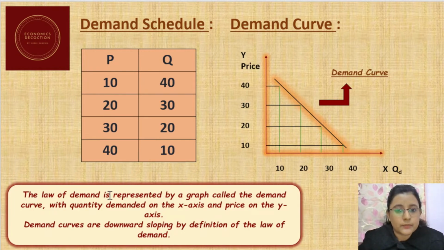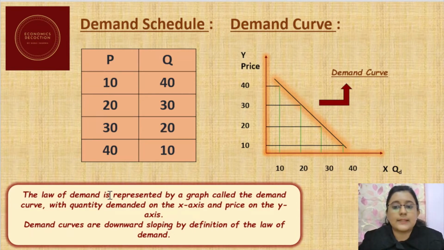This schedule clearly shows us the operation of law of demand, that when the price is increasing, quantity demanded is decreasing. Now, if we plot this demand schedule on a two-axis graph, that is, if we consider price on the y-axis or on the vertical axis and the quantity demanded on the horizontal axis, we get a negatively sloped curve.